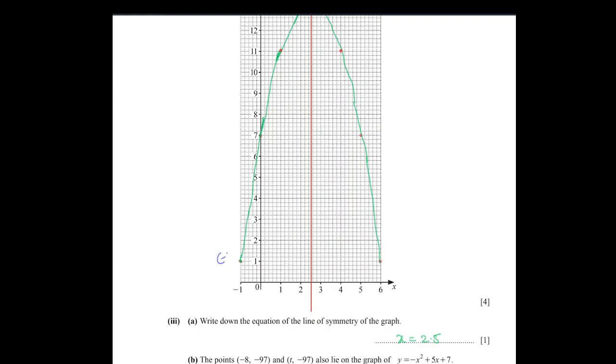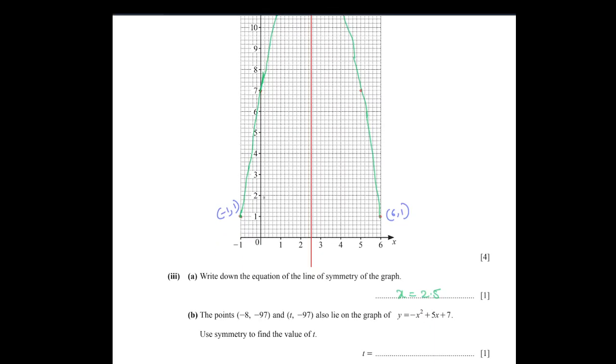Now this is -1 and 1, and this is 6 and 1. So it is getting added, -1 to 6 it is changing. How many coordinates is it going forward? 1 2 3 4 5 6 7 coordinates.